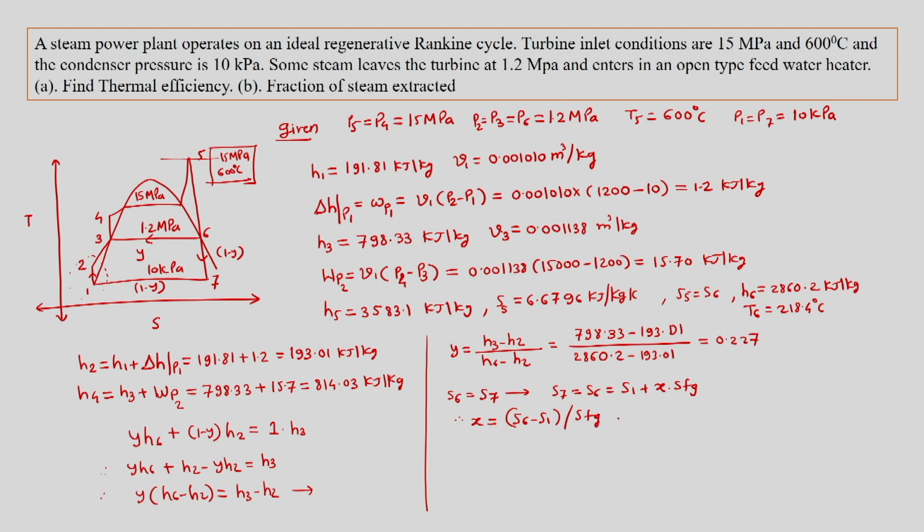So we get 6.6796 minus 0.6492 divided by 7.499, and this gives X as 0.8041. So this is the dryness fraction at state 7.